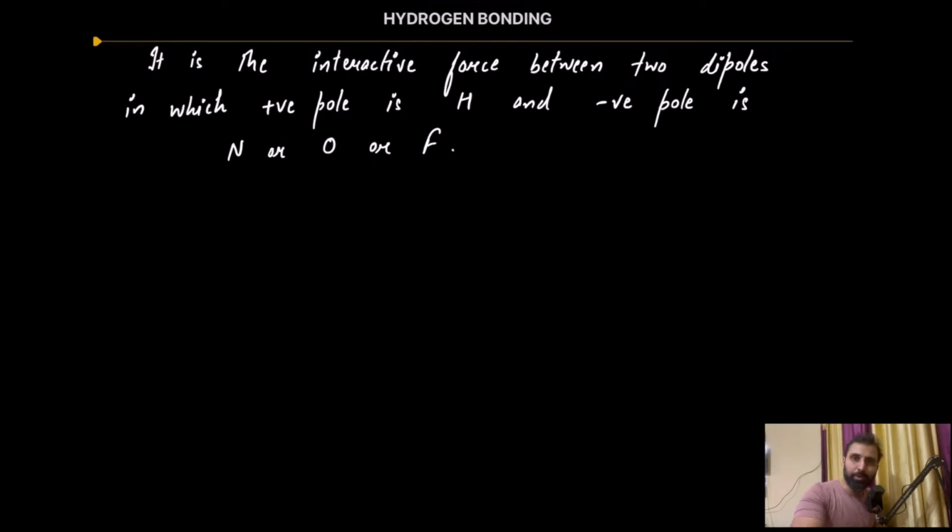In the whole periodic table, only nitrogen or oxygen or fluorine can form hydrogen bonds.